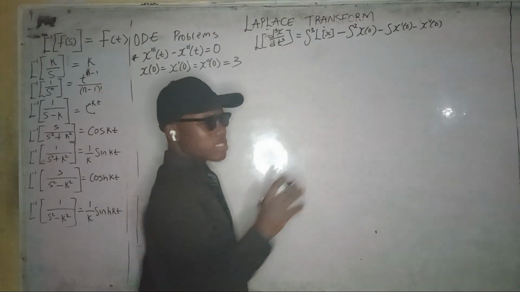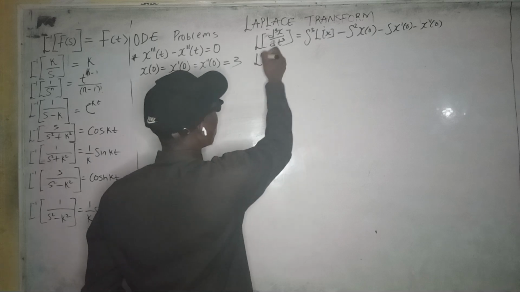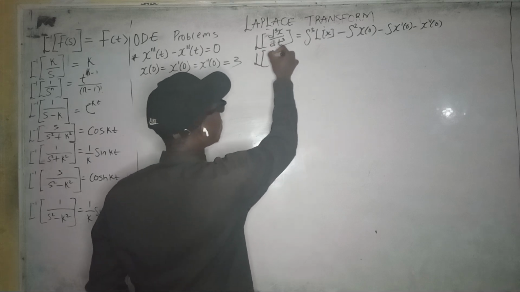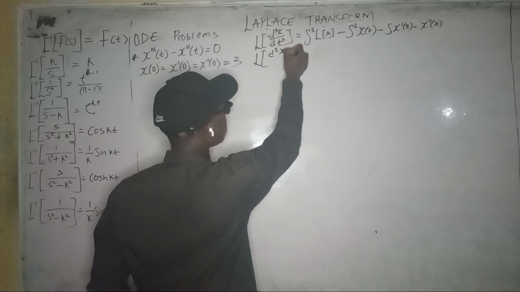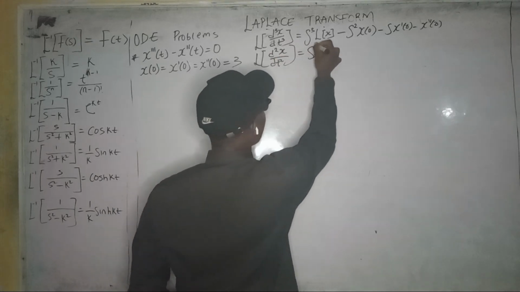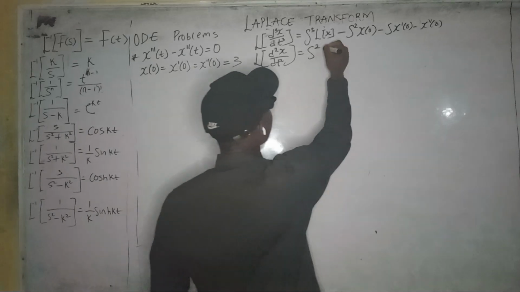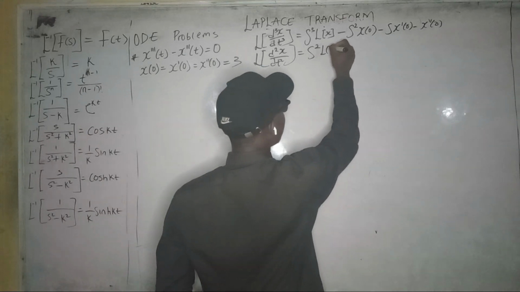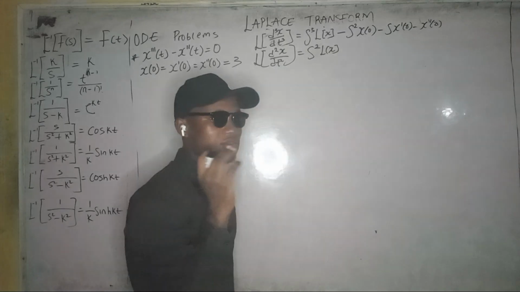You notice a similar pattern here: when we have the Laplace transform of d squared x over dt squared, it is going to be equal to s squared times the Laplace transform of x, which is always going to be the first thing.